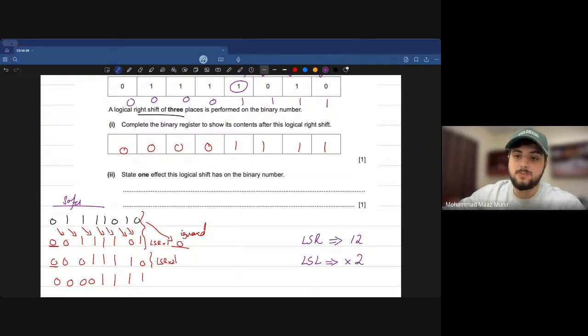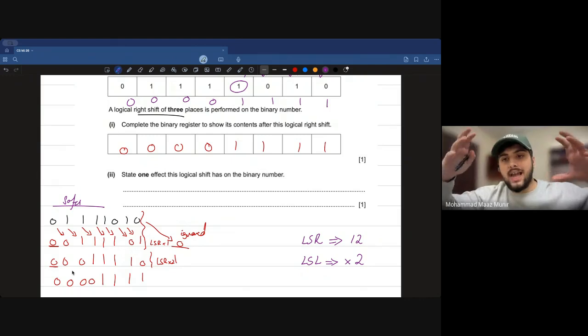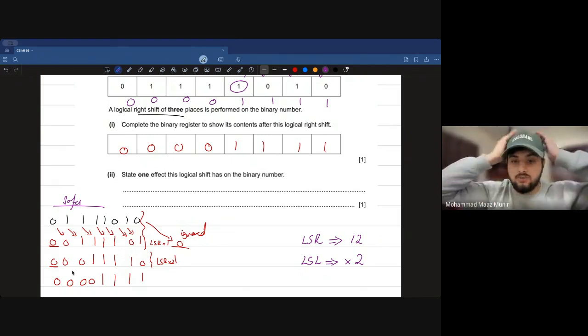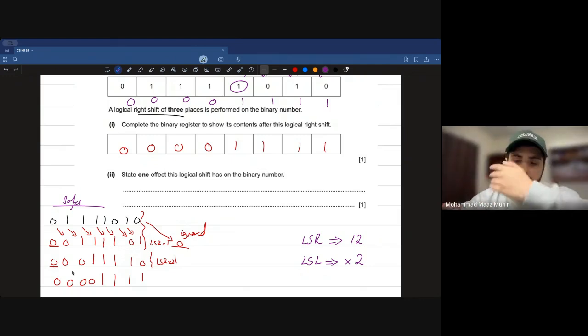So now if I'm, let's say, making a calculator or some calculation, or there is some application in which I need to immediately multiply the value, double the value, maybe multiply with 8 or maybe with 4. Rather than making a whole calculation by converting each of those values separately and adding them, the longer way, computer scientists figured out that the shortest way is to perform a logical shift.